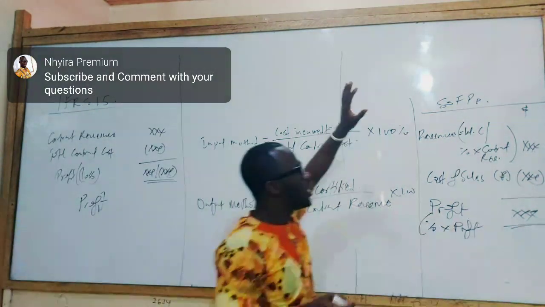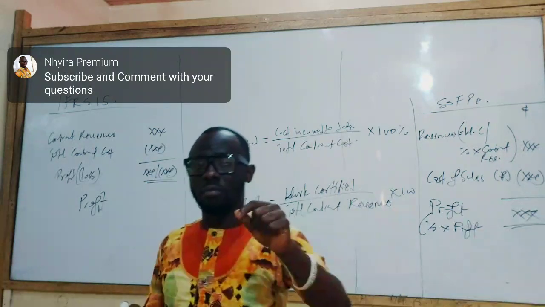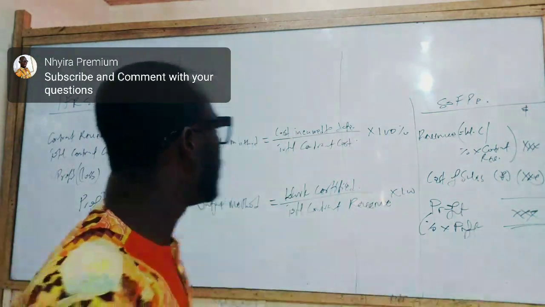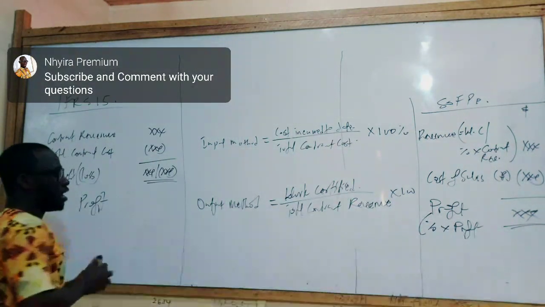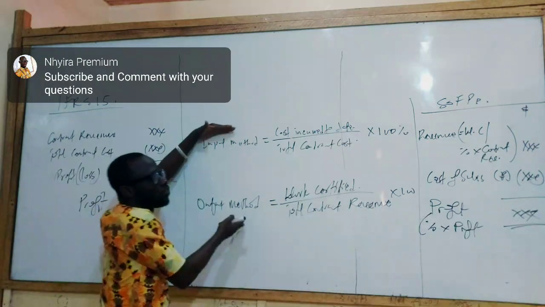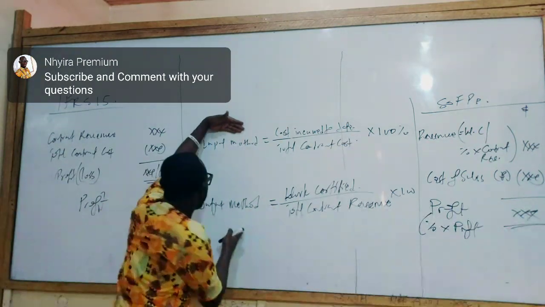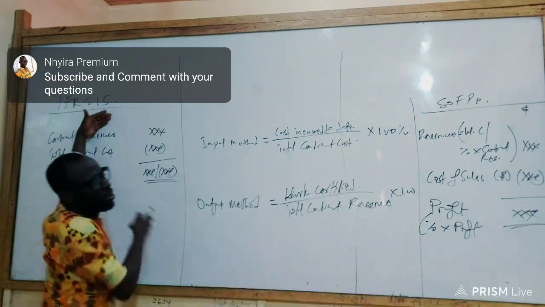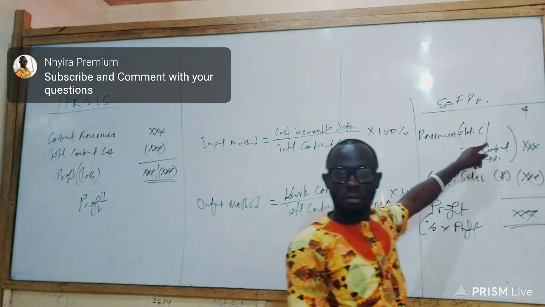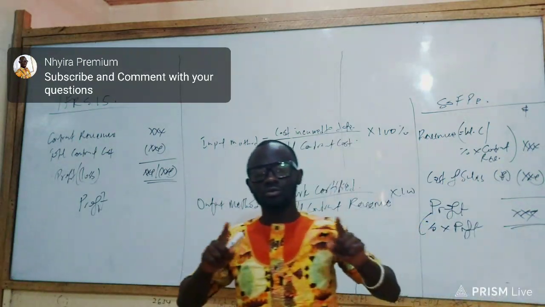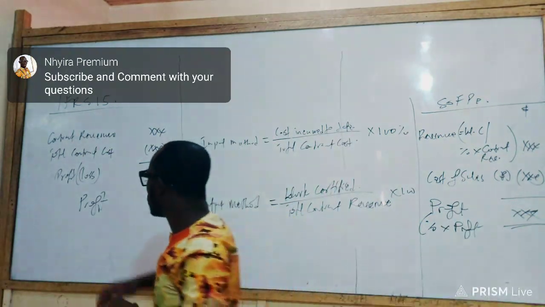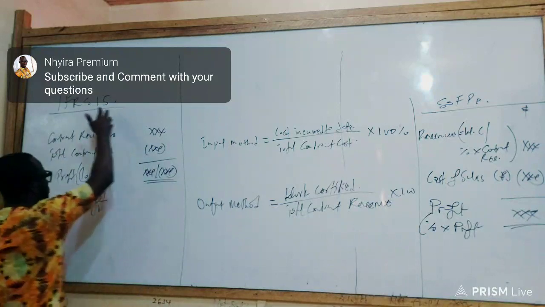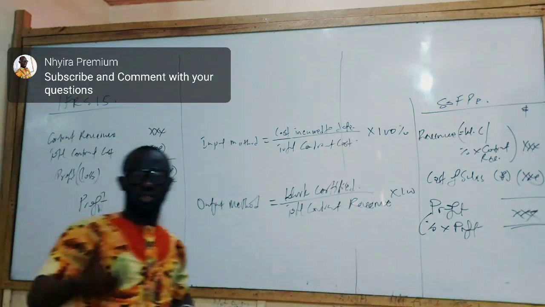So if you are preparing the statement of financial performance for the company, the first thing you do is the stage of completion has to be computed. Second thing, you calculate the contract profit or loss. If it is a profit, this is what we do about it. Now, what if we compute the contract profit or loss and we get a loss?